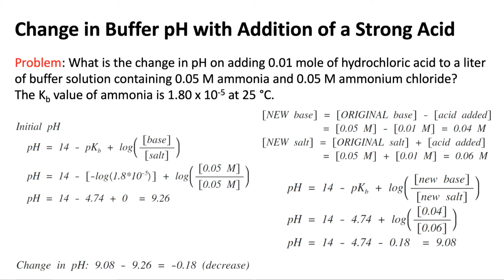So 9.08 minus 9.26 gives us a negative 0.18, showing that we have a decrease in pH. That is, the pH became more acidic by 0.18 pH units. Okay, and that's the answer to this question.